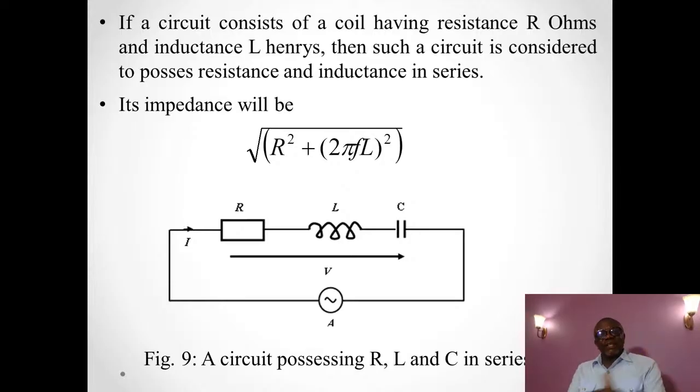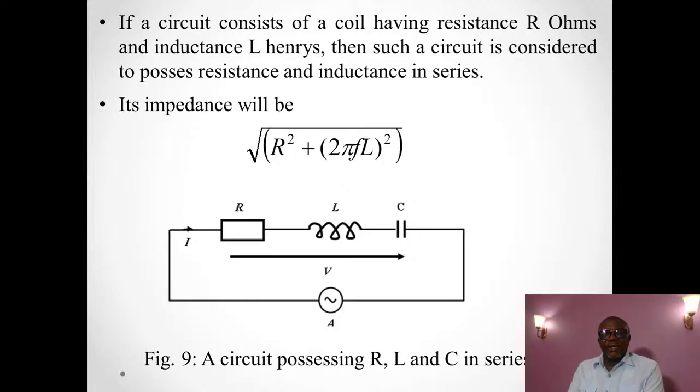So if a circuit consists of a coil having resistance R ohms and inductance L Henry, then such a circuit is considered to possess resistance and inductance in series. When you have that, the impedance will be the square root of R squared plus 2 pi FL squared.